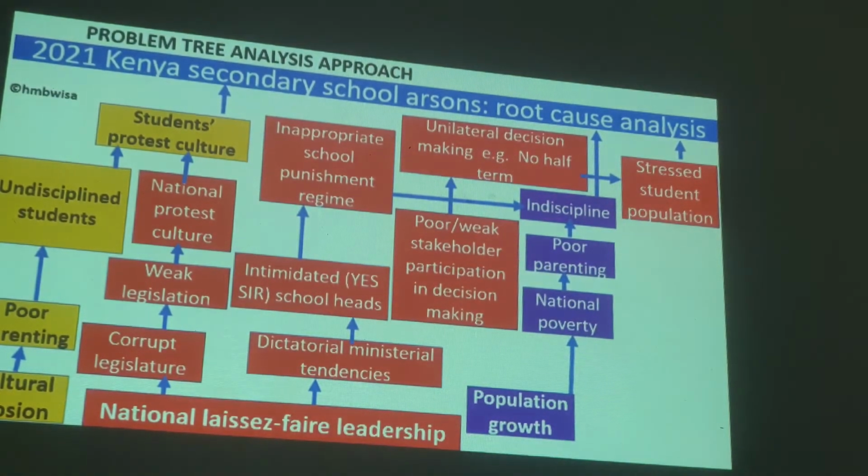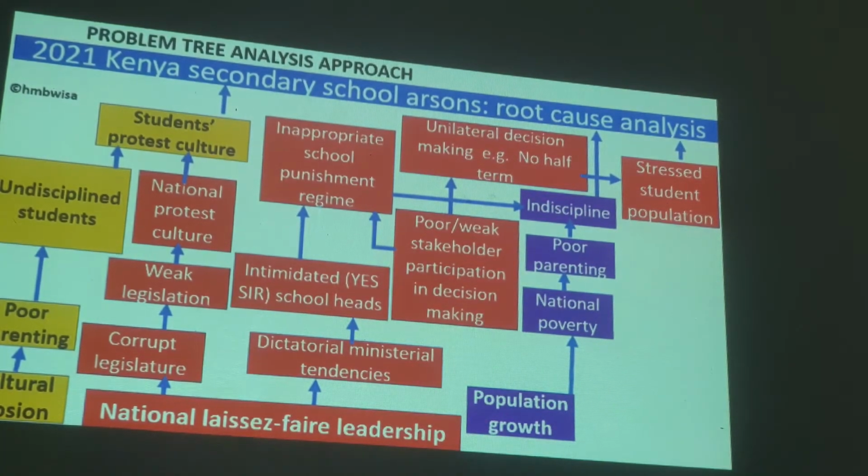And why unilateral decision making? Because of poor or weak stakeholder participation in the decision making. Yes, in Kenya we have seen it, again arising from some dictatorial ministerial tendencies.